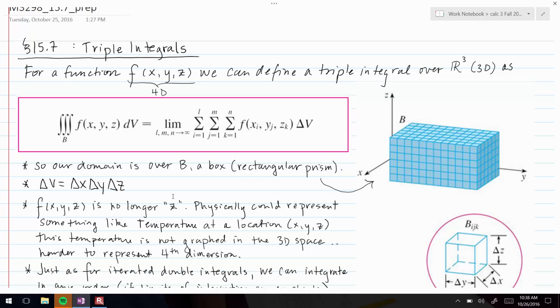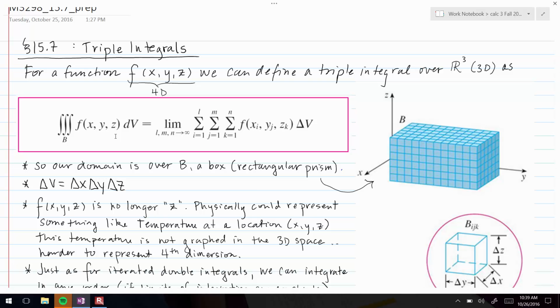There are ways to graphically represent this in a little more discrete nature, like balloons in xyz space, having a magnitude represented at a point with kind of a sphere that shows magnitude. But in general, it's hard to represent that. So anyway, now the mindset is we have this function that's a function of x, y, and z, and then our domain becomes a box, and it has volume, and it's a solid.